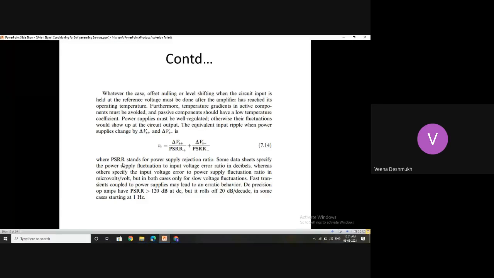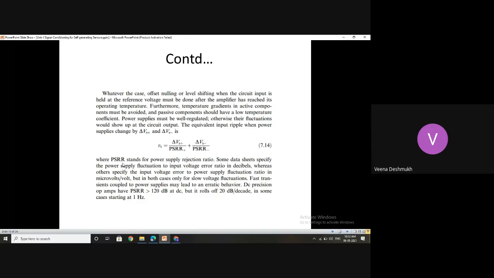So these things have to be regularly adjusted again. So before using any power supply or changing any power supply, one has to use it over the wide range or the entire range of the power supply and see what is the power supply rejection ratio variation.